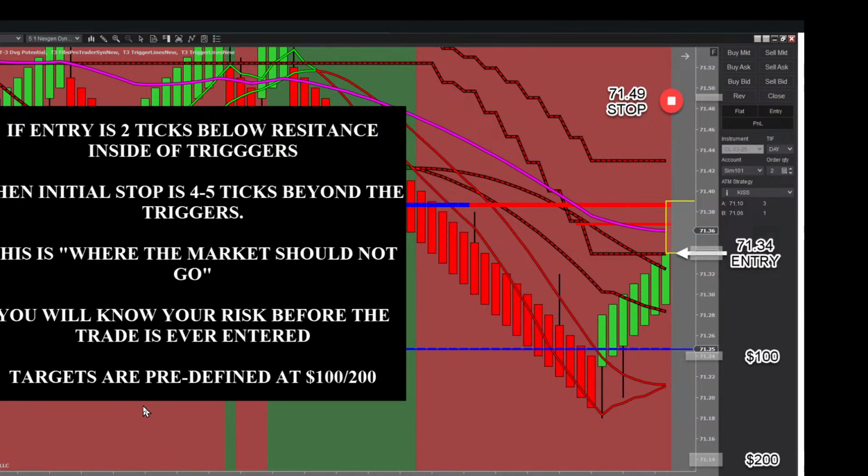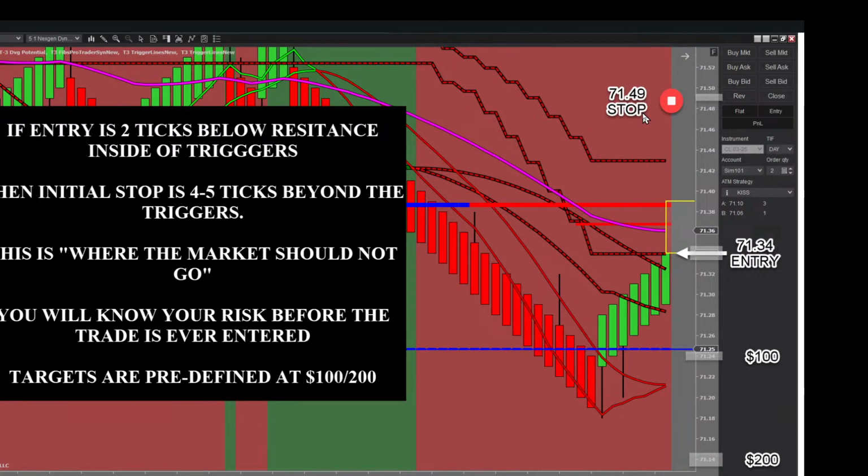So if the entry is 2 ticks below resistance inside of triggers, then the initial stop is 4 to 5 ticks beyond the triggers. That's it. That's all you can do. And guys, this 7134 entry has $150 per contract of risk on it because that's where the market should not go.